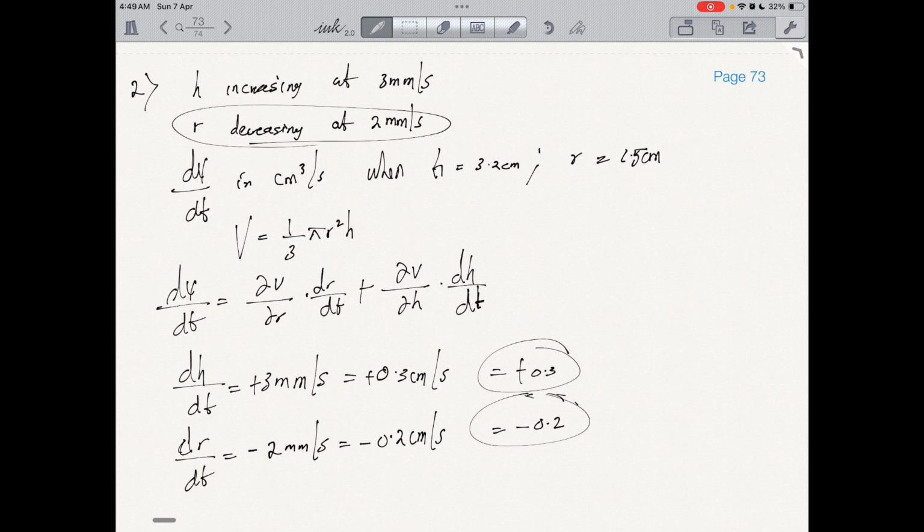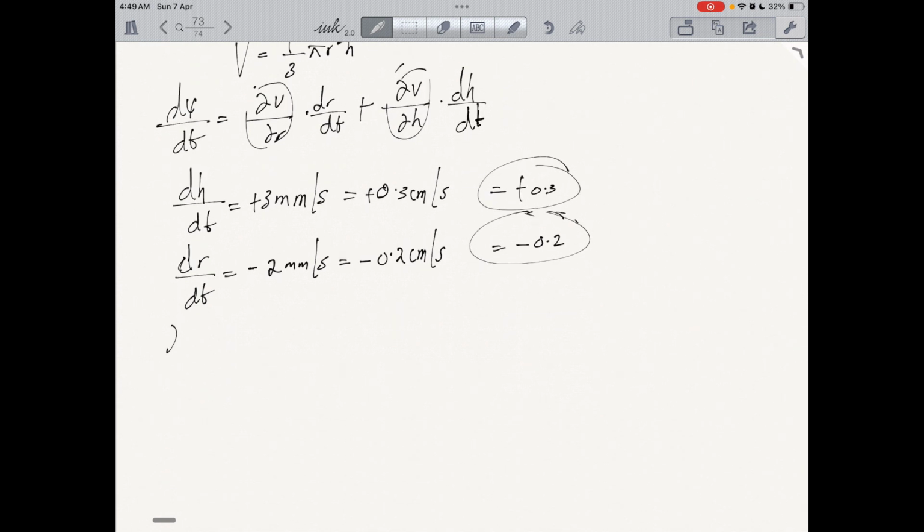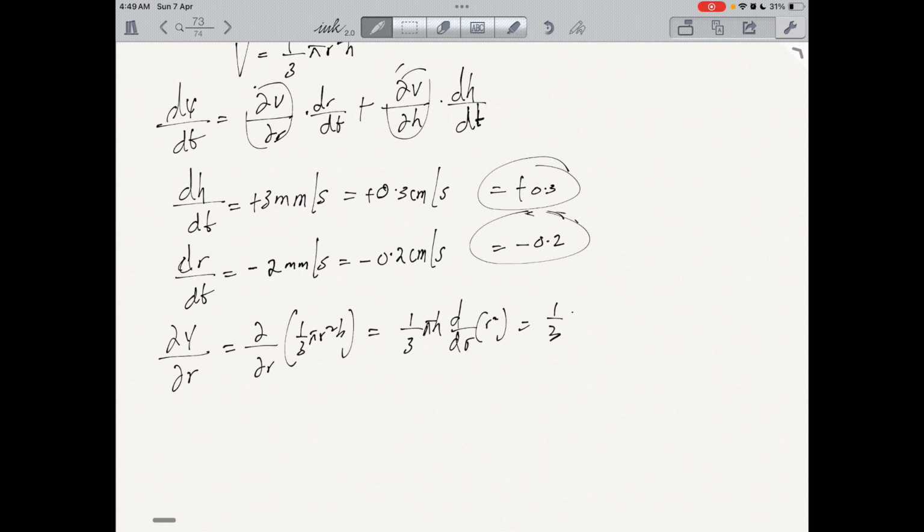So the first thing to evaluate is the partial derivative with respect to r and with respect to h. So dV/dr is d/dr of 1 over 3 pi r squared h. And since we are differentiating partially with respect to r, h is a constant. d/dr of r squared gives us 1 over 3 pi h times 2r, and that will give us 2 over 3 pi r h.